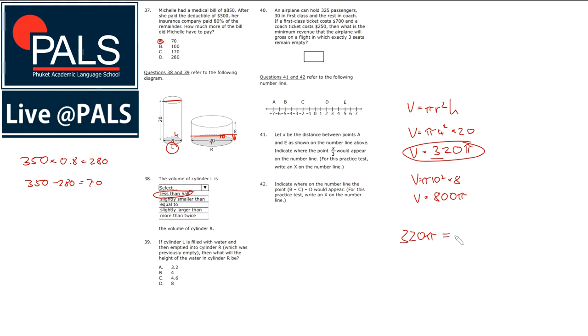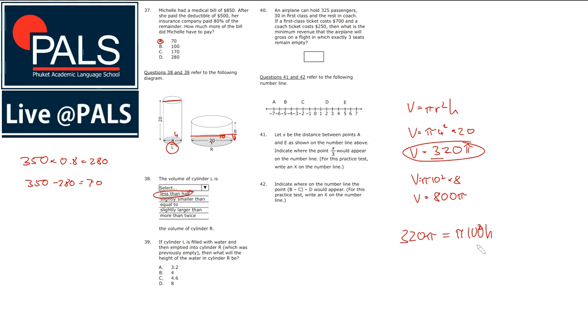And we know as well that the radius is 10, so it's going to be pi 10 squared times the height. So again, 10 squared is 100.